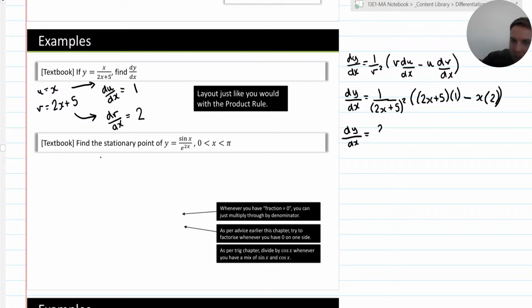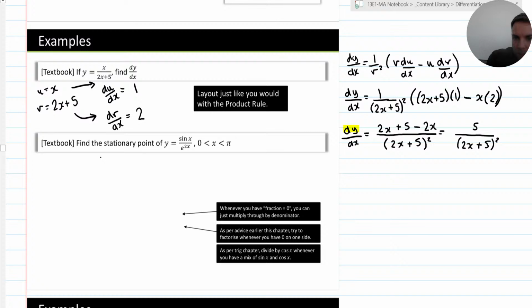So it's going to be 2x plus the 5 minus 2x all over 2x plus 5 all squared, which is equal to, well, 2x minus 2x is equal to 0, so you're just going to end up with 5 on the top all over 2x plus the 5 all squared.